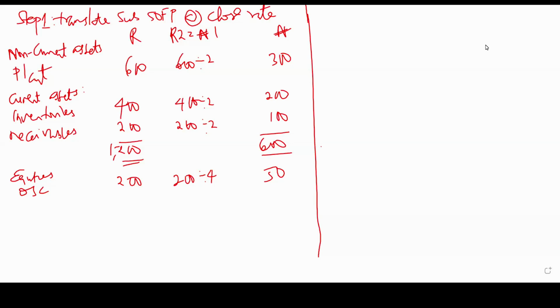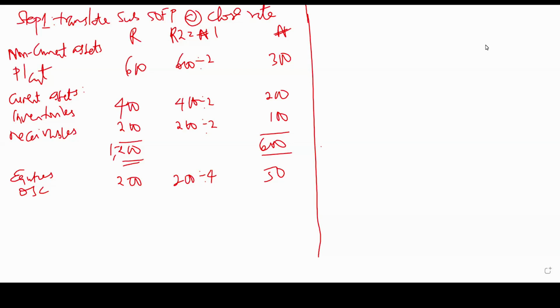You're also going to use historical rate if there is pre-acquisition retained earnings. Like I made mention, for the group account, you would have calculated goodwill on consolidation right from the date of acquisition.